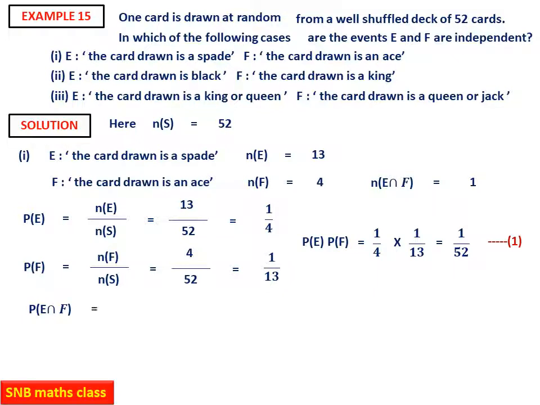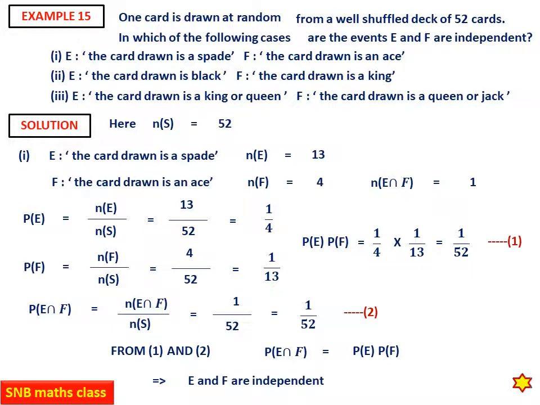Let us take it as equation 1. And what is probability E intersection F? That will be equal to number of E intersection F divided by number of S, that is 1 by 52. So this is equation 2. Now look at equation 1 and equation 2.